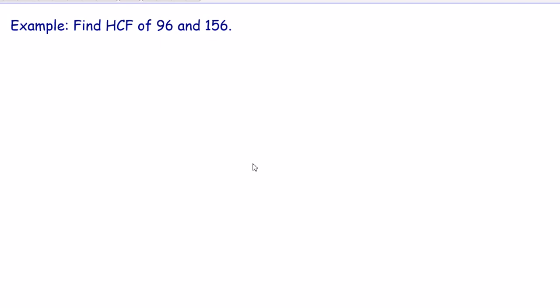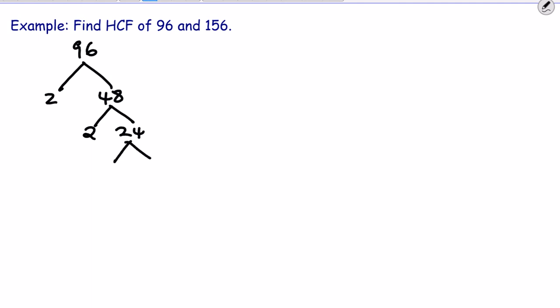Here is another example, just to help us understand this process of finding the highest common factor using factor trees. So I'll start with a factor tree again for 96. 2 multiplied by 48 is 96. 2 multiplied by 24 is 48. 2 multiplied by 12 is 24. 2 multiplied by 6 is 12.